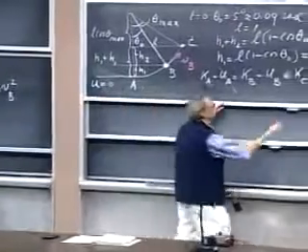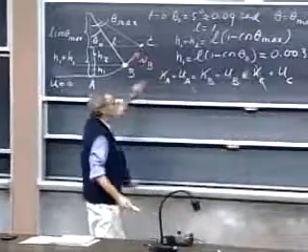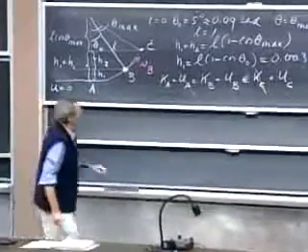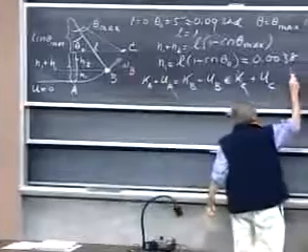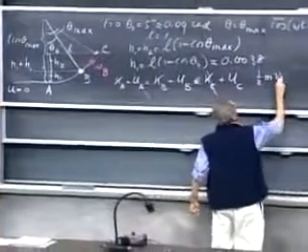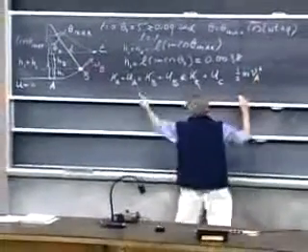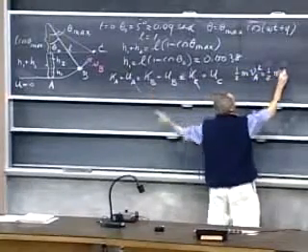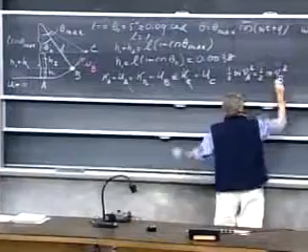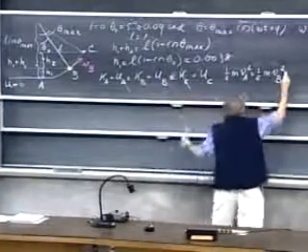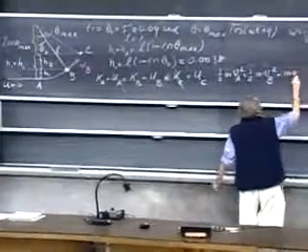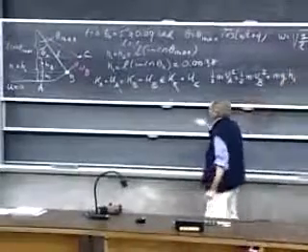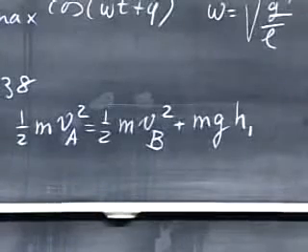The kinetic energy at C is 0 because it comes to a halt. So now we can write down that 1/2 m VA squared equals 1/2 m VB squared plus mg times h1, that is the potential energy at point B.